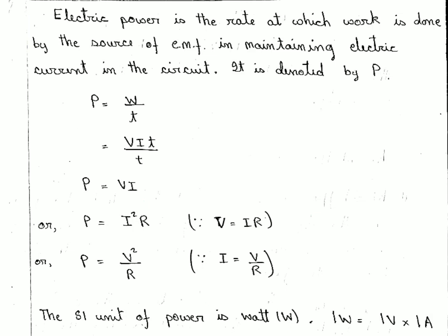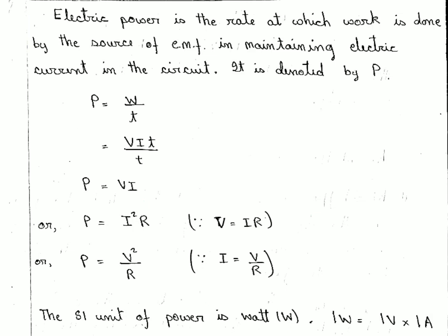Now you can express this in terms of current and resistance, and potential difference and resistance. So here using Ohm's law, you'll get P equal to I square R. And again, using Ohm's law, I is equal to V by R, so you can write P also as V square by R. So these are the three formulas for power.